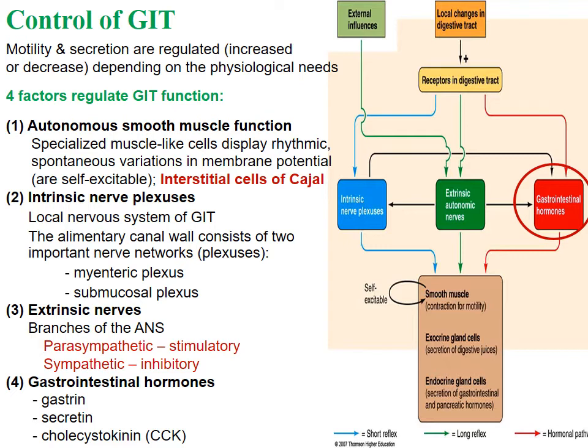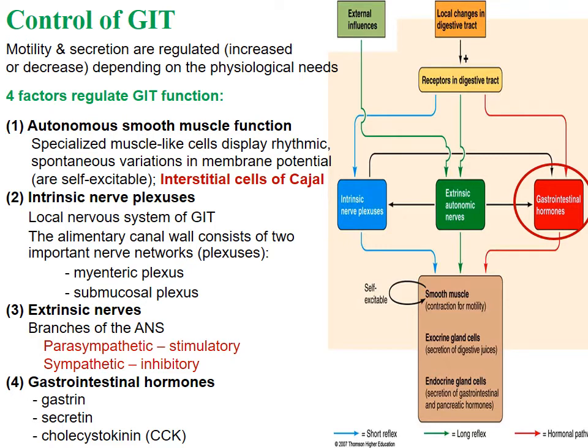The alimentary canal wall consists of two important networks, the myenteric plexus and the submucosal plexus, right? These give rise to this local nervous system, the intrinsic nerve plexus, which will be influenced by other factors.